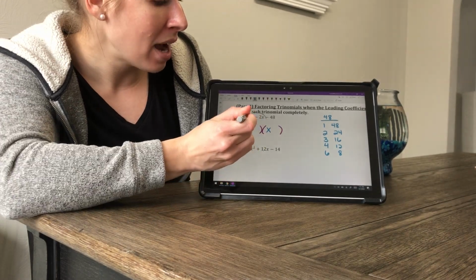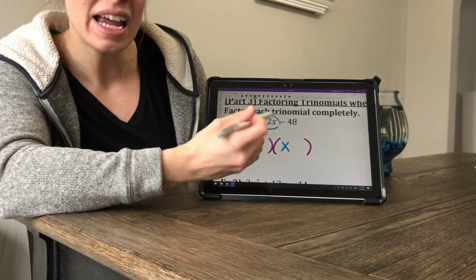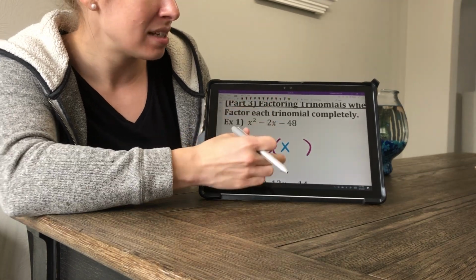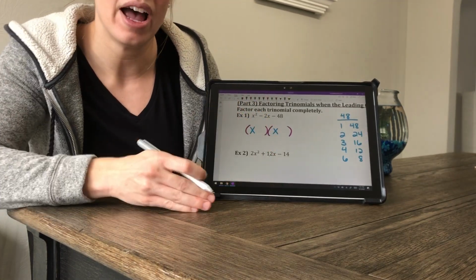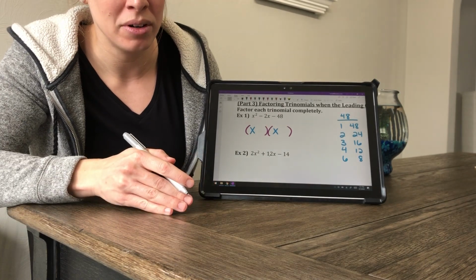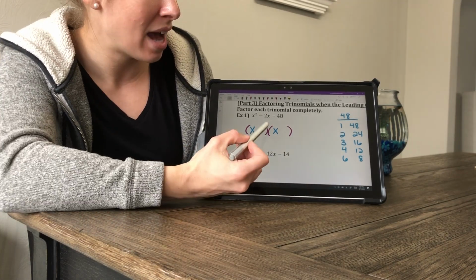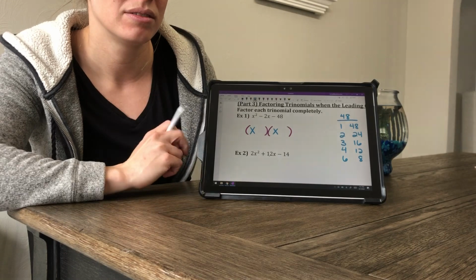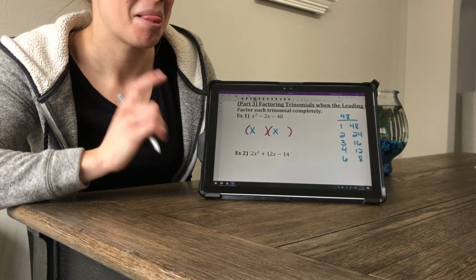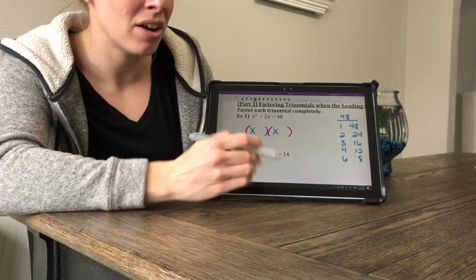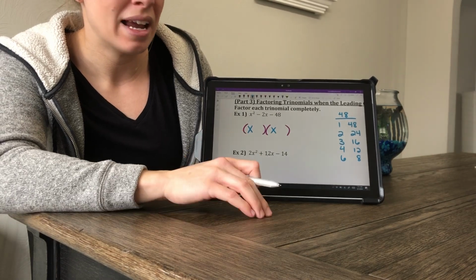But then when you're combining them and getting a negative 2, what does that tell you about the two numbers? Is the higher number or the smaller number going to be negative, if when you add them, you get a negative answer still? The bigger number. So the bigger number is going to be negative.